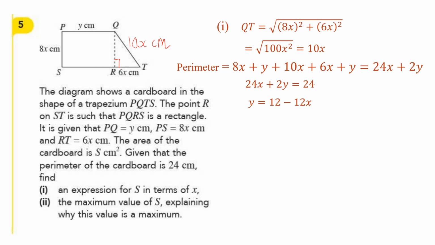So S represents the area of a trapezium. So if we were to recall, to find the area of a trapezium, the formula will be half times the sum of the parallel sides, multiplied by your perpendicular height.